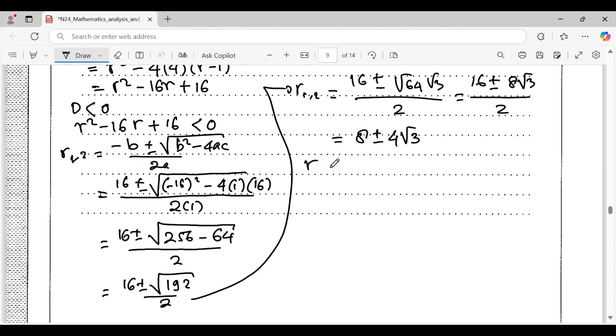So r1 equals 8 plus 4 square root 3, and r2 equals 8 minus 4 square root 3.